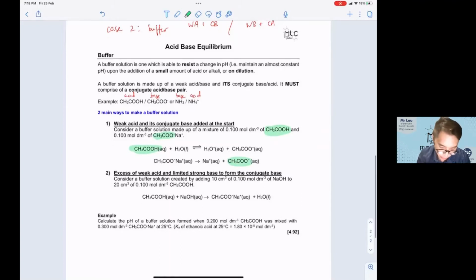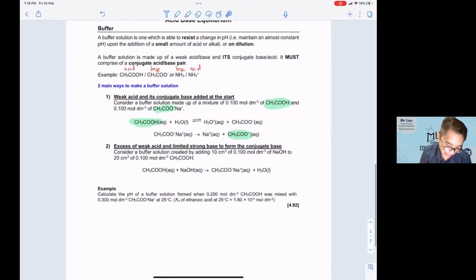Another way to form a buffer system is to have an excess of the weak acid and then a limited amount of strong base. So for example, let's do an ICE table for this. If I calculate the moles, this is 0.001, this is 0.002, 0.001.